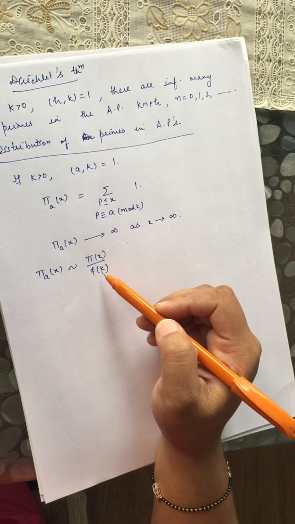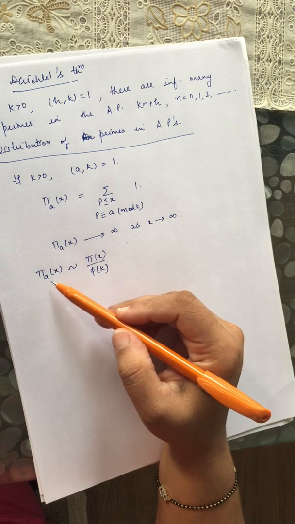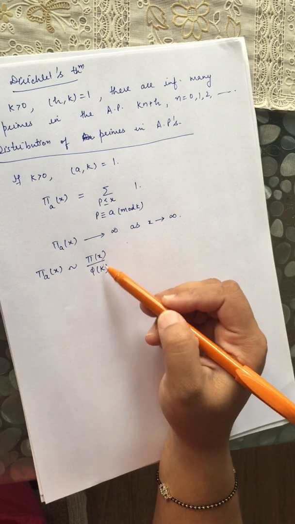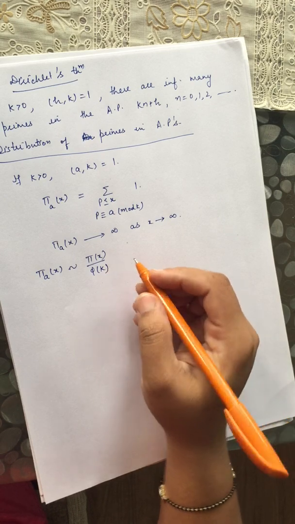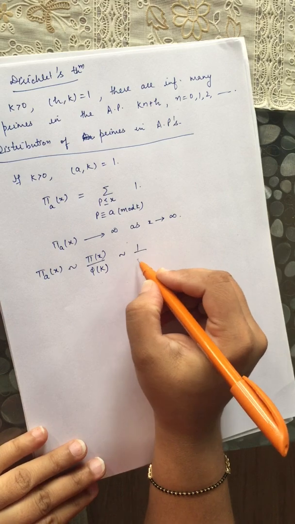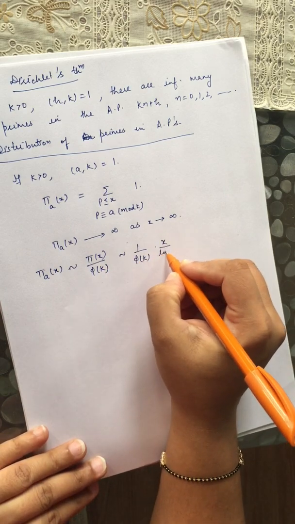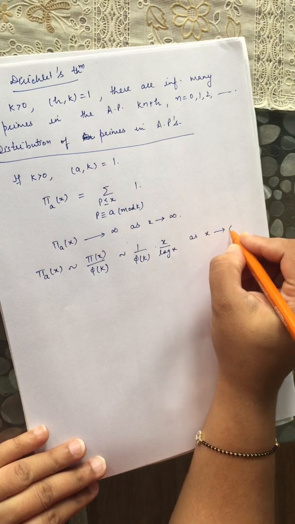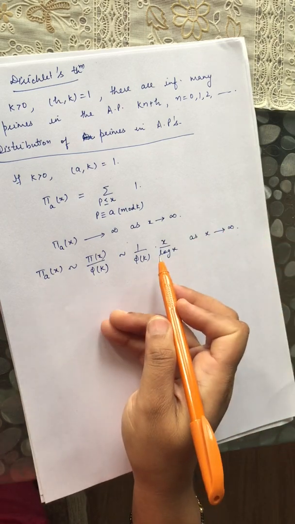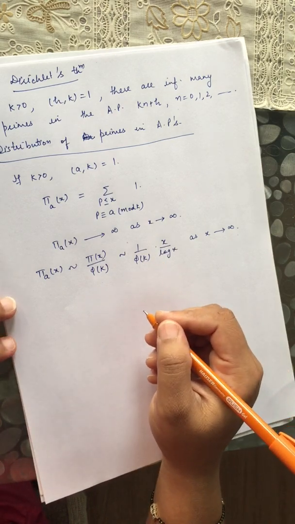But we know there are phi(k) different classes, so we can assume that pi_a(x) will be asymptotic to pi(x) upon phi(k), but we will prove it in the next theorem. Now we know pi(x) is asymptotic to x upon log x because of the prime number theorem. So as x tends to infinity, pi_a is asymptotic to this, obviously if a and k are co-prime to each other.